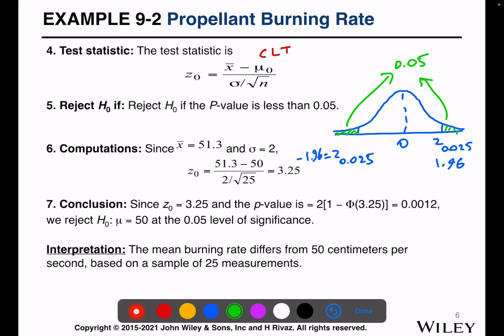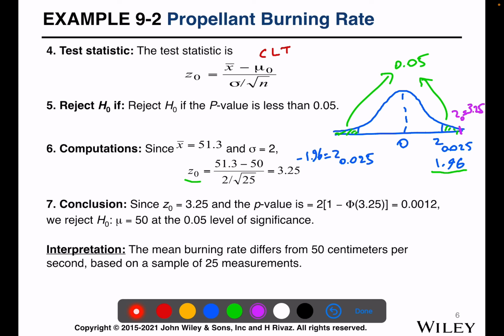And now we got a Z that's much larger than our Z of alpha divided by 2. Basically, the Z that we got, Z0, is somewhere here, 3.25.